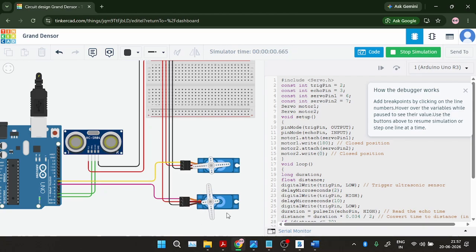That is the reason the second servo motor is rotating but not the first one. I'm considering this as the first one and this as the second one, but going by the program, this is servo 1 and this is servo motor 2. So servo motor 1 is rotating an angle of 180 degrees, I have mentioned it, and the second one is not rotating.